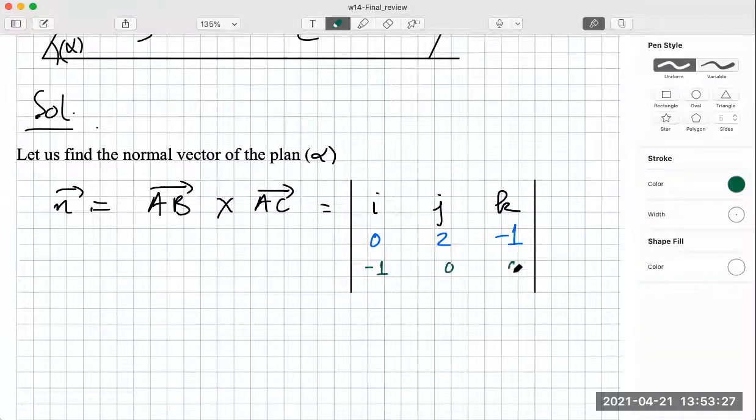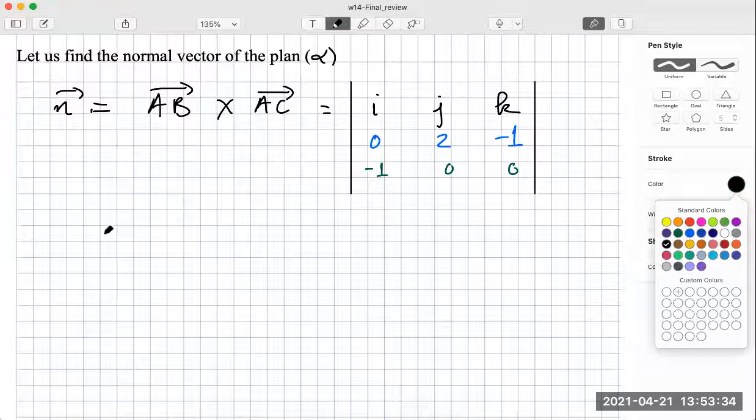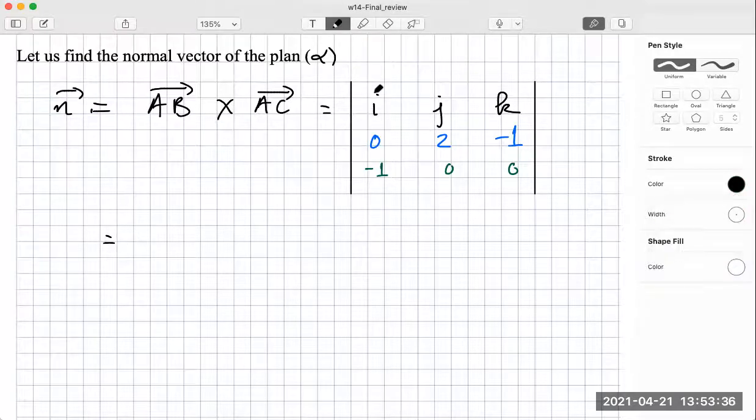Now, the determinant rule will tell us that if we expand this in the i direction, right, it will multiply with the determinant of what remains when we cross out this column and this row.